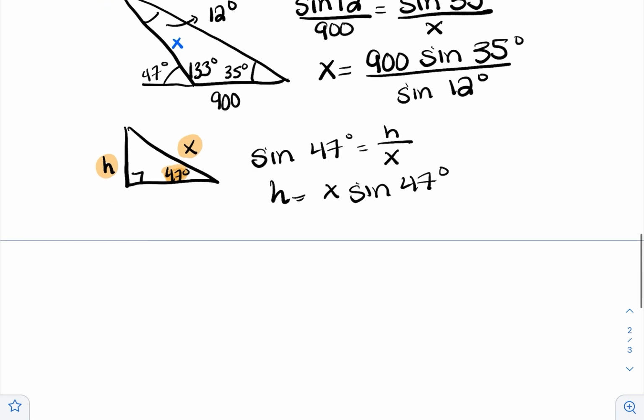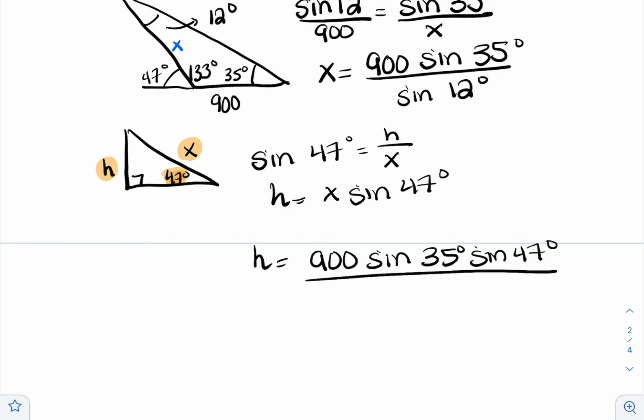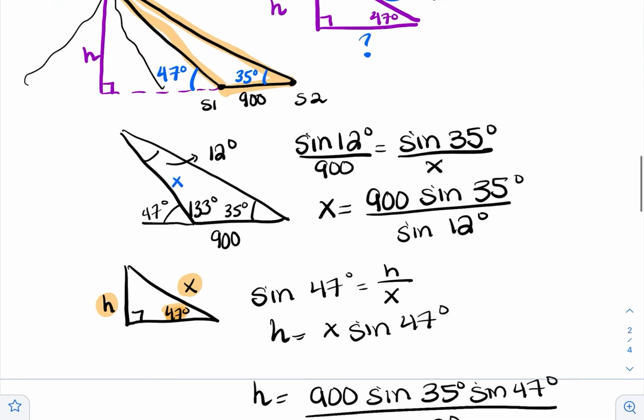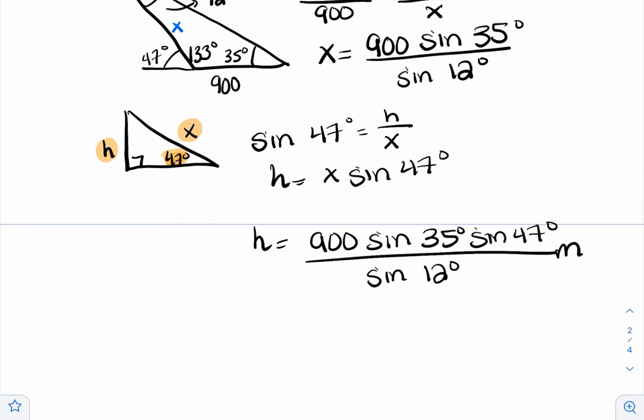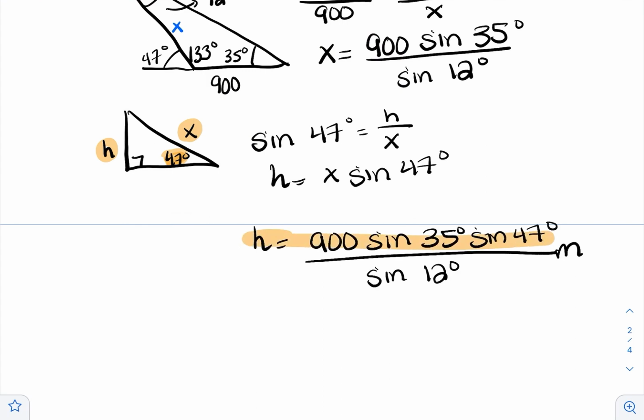And if I plug in X, I'm going to get 900 sine of 35 degrees times the sine of 47 degrees over the sine of 12 degrees. And I have an application, so I should write my unit of measure, and we were in meters. So here's my final calculator ready answer.